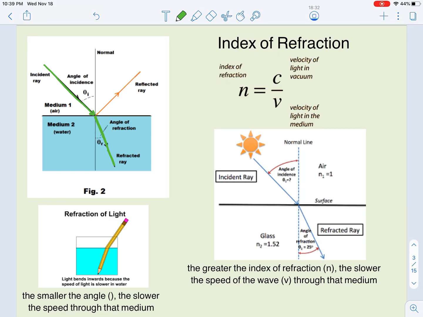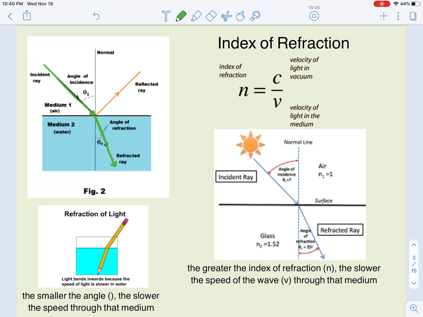So the light that passes through the boundary is going to now enter into a new medium. And you probably already knew that water is more dense than air. The molecules in water are more compact than the molecules of the air. So this means that it has entered a substance with a different density than what it was originally traveling in.